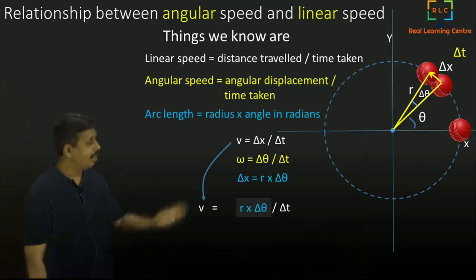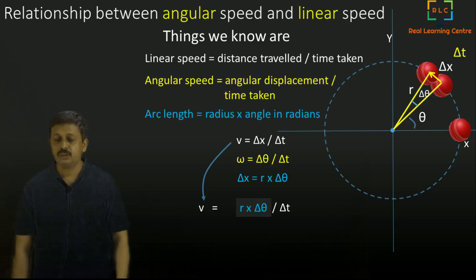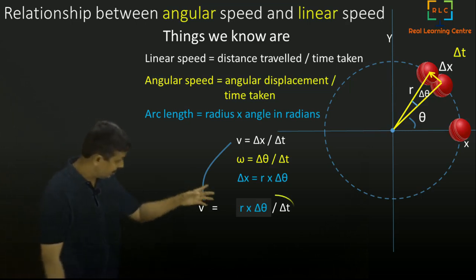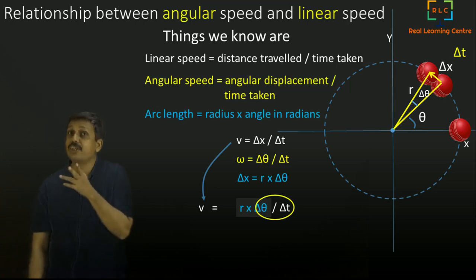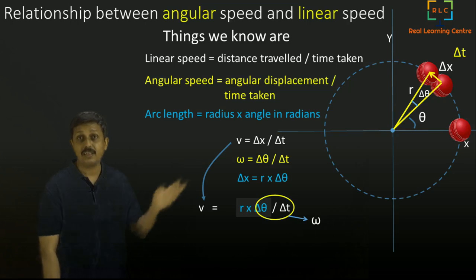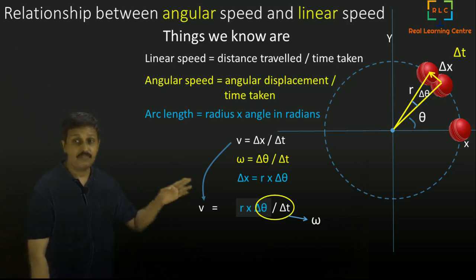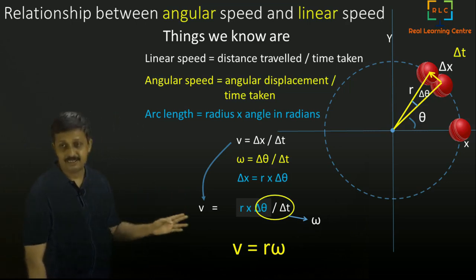So, you now have r into delta theta divided by delta t. We look at this part, delta theta divided by delta t. That we already know, it is nothing but omega, the angular speed. Now we get the relationship V is equal to r into omega.